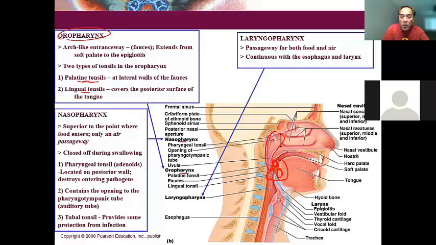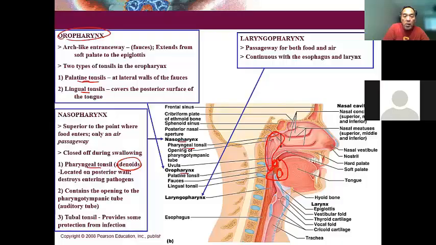There's a tonsil located a little bit on the superior wall of the nasopharynx, and that tonsil is called the pharyngeal tonsil. The pharyngeal tonsil is also called the adenoids. It's located in the posterior wall, and it protects against pathogens entering from the nasal cavity.